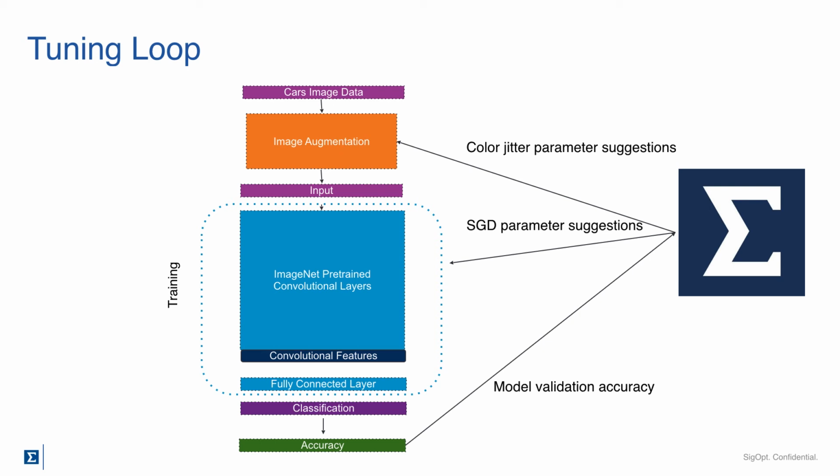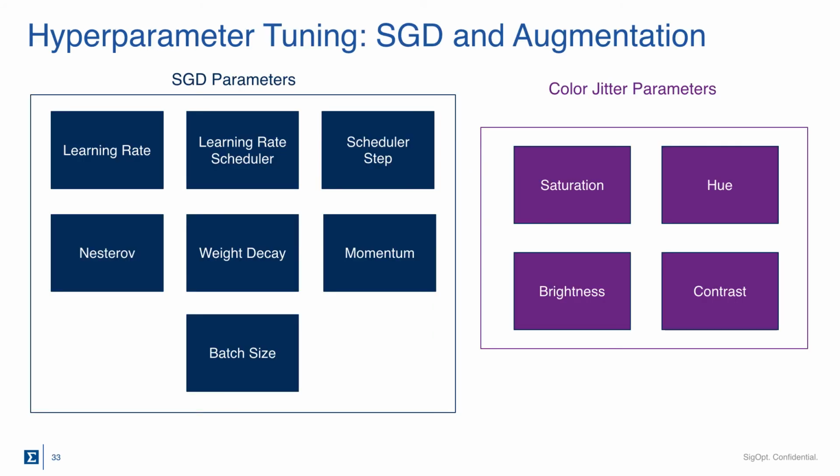And we're able to leverage the model's downstream performance to help us navigate the image augmentation parameter space to understand which parameter values really work for our model, which I think is pretty cool. So these are the hyperparameters that we will be tuning. We have a set of stochastic gradient descent parameters as well as augmentation color jitter parameters.